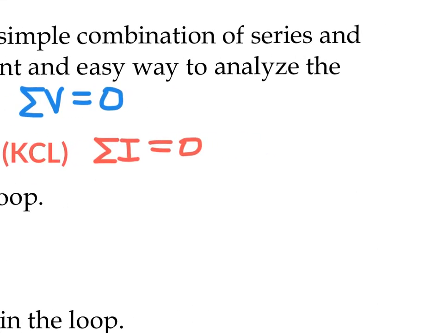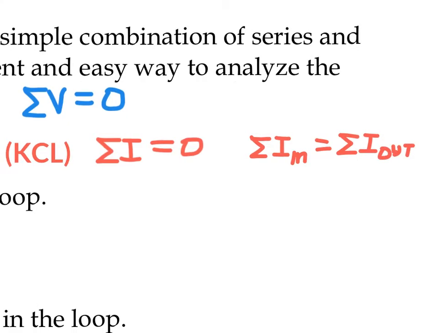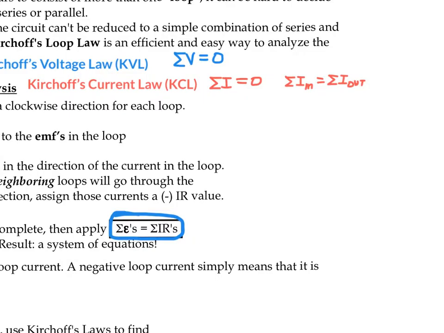Another way of looking at that is to simply say that the sum of all the currents going into any node in a circuit has to equal the sum of all the currents going out of that node, and that is all we mean by Kirchhoff's current law.